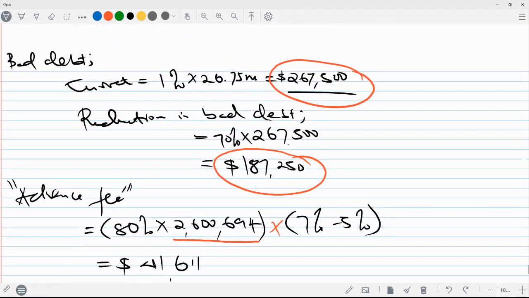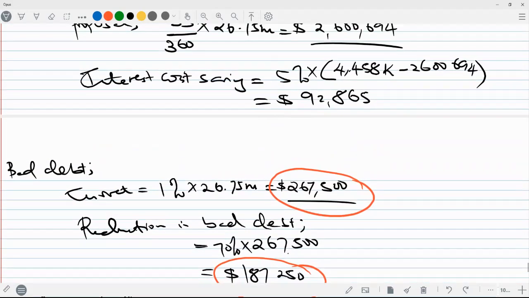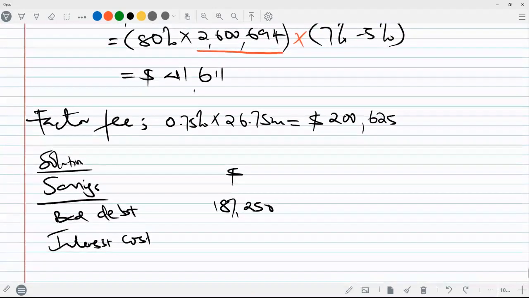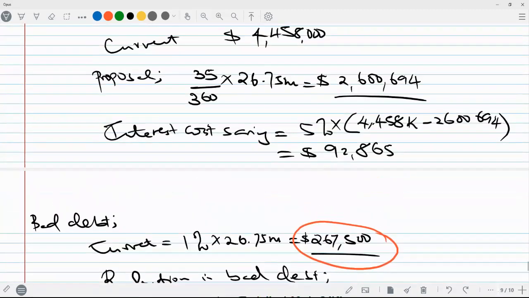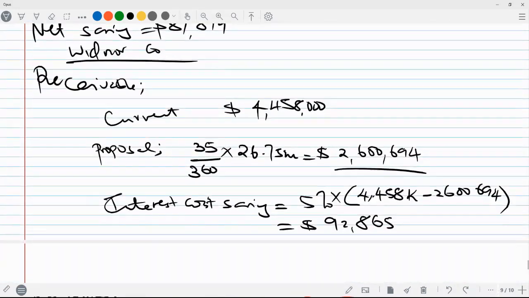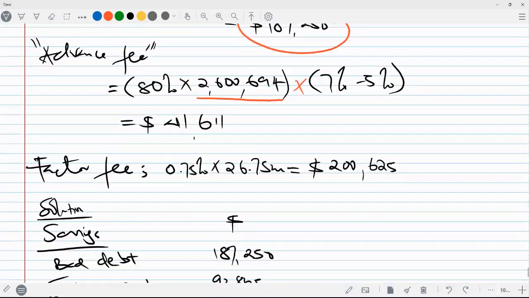Interest cost saving, which we got as 92,865. Admin cost saving, which is 50,000, as per the question. That's on the savings.